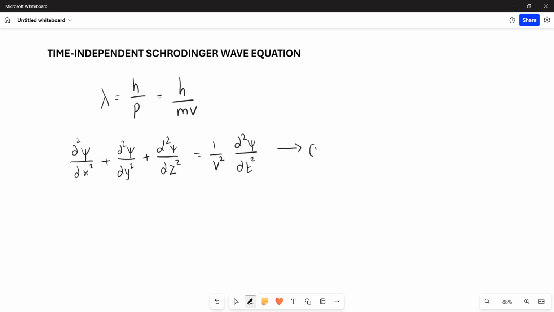Consider this as equation number 1. This is the classical differential equation of any kind of wave system.